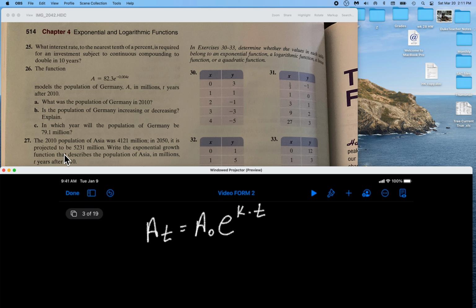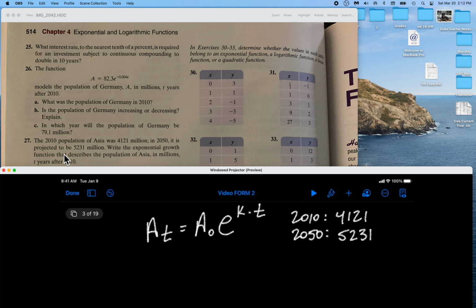If I go off the board, I'll come back. Okay. So in 2010, the population is 4121. I'm not going to write million because it's always millions. 2050, 5231.